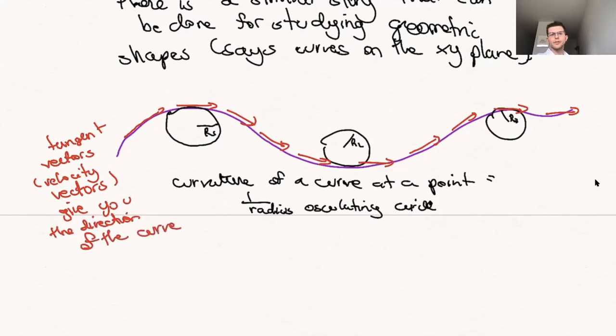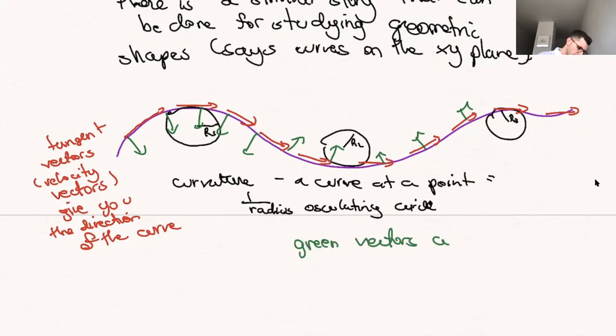There are other vectors which are called the normal vectors, which, as you might expect from the picture or from the word, well, actually, I suppose it's not clear from the word. By normal, I mean perpendicular vectors. So the green vectors are perpendicular.